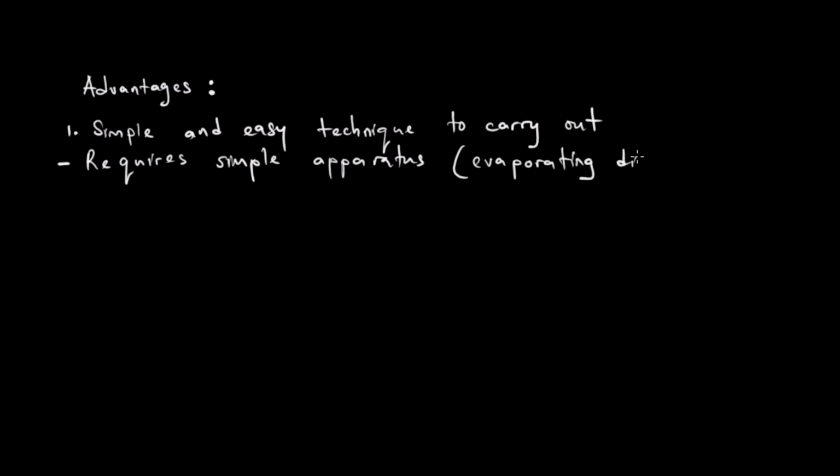A note to add here is that the reason why it is simple is that it requires simple apparatus. And what are the apparatus we mentioned just recently? It needs an evaporation dish, or evaporating dish. It needs a heat source.